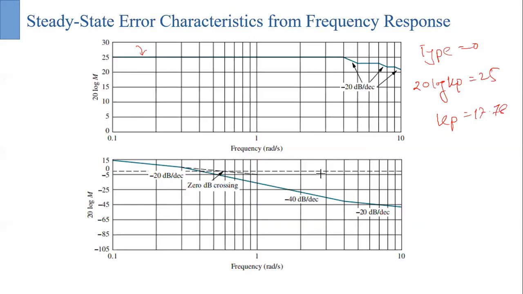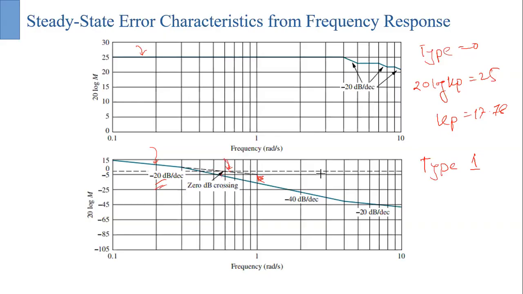17.7. Now in the next curve, as you can see here, we have a minus 20 dB line. So what does it mean? It is a type 1 system. Then we have to extend that 20 dB line to the 0 dB crossing line here. Sorry, not this one. So the 0 dB crossing line here.